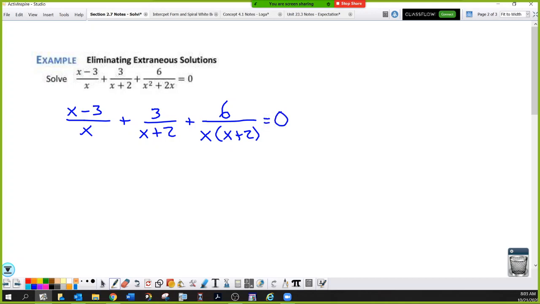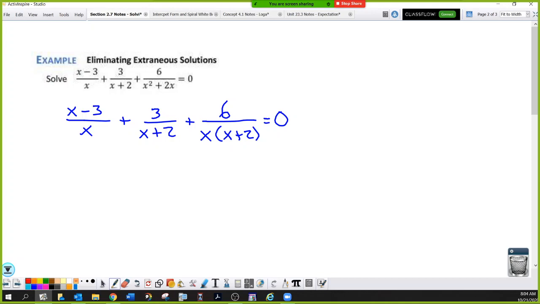Now, again, I could go through the process of making them all have the same denominator and then combining the fractions, but I think that is harder than to just find the least common denominator and distribute it so I don't have any more fractions.